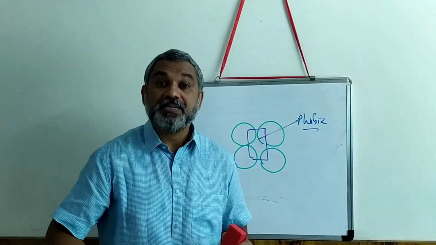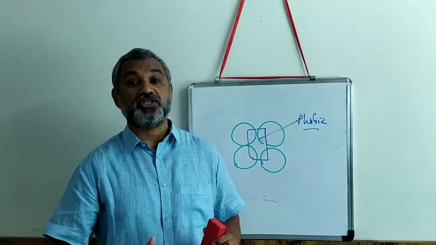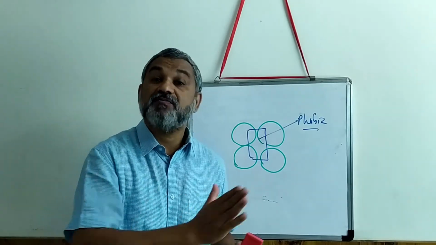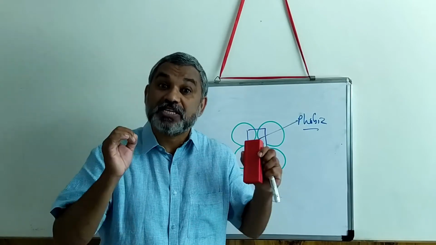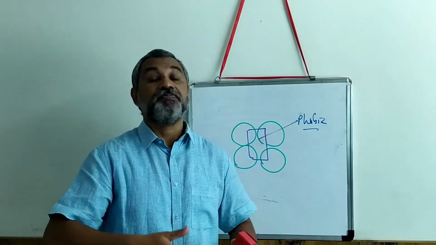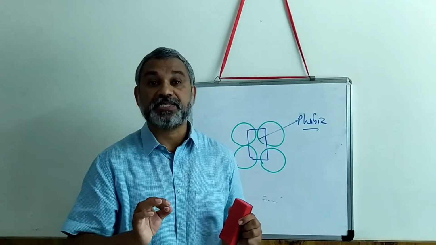You will find this kind of coiled coil structure in many proteins. They are involved in a variety of functions. First of all, they give stability to protein. Especially in soluble proteins, they are involved in signal transduction.